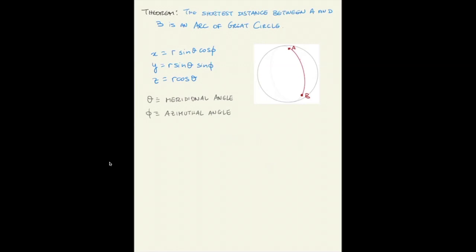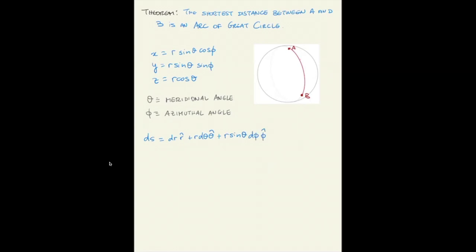We can also define the line element. The line element is ds equal to dr r hat plus r d theta theta hat plus r sine theta d phi phi hat.